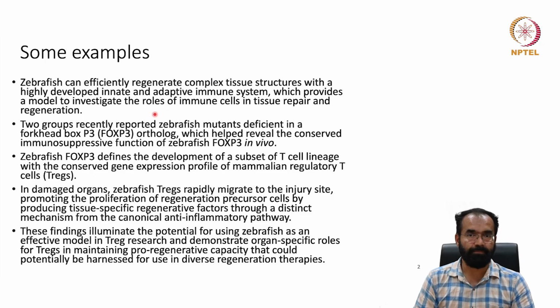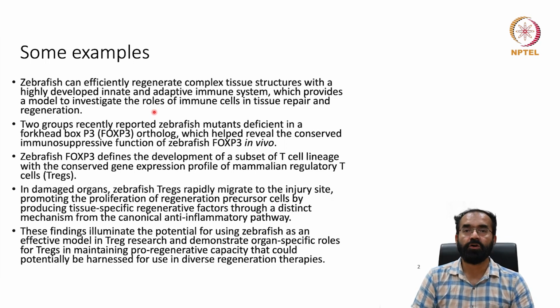Examples can be from different species, different animals. Zebrafish can efficiently regenerate complex tissue structures with highly developed innate and adaptive immune systems. Zebrafish has a perfect immune system to deal with all this, which provides a model to investigate the roles of immune system or immune cells during tissue repair and regeneration.